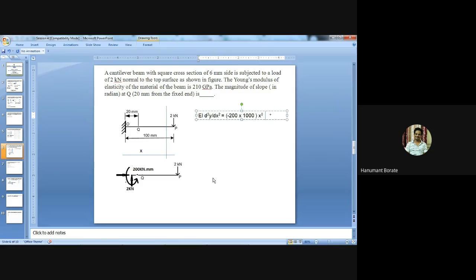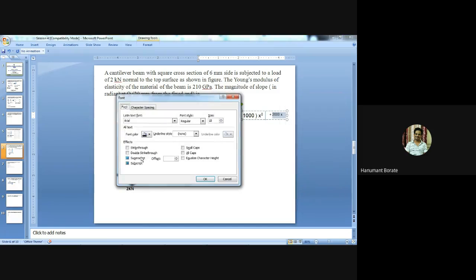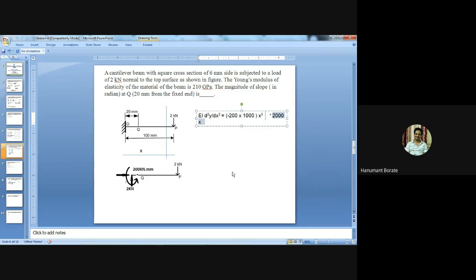So plus 2000 into x. So this is the equation.